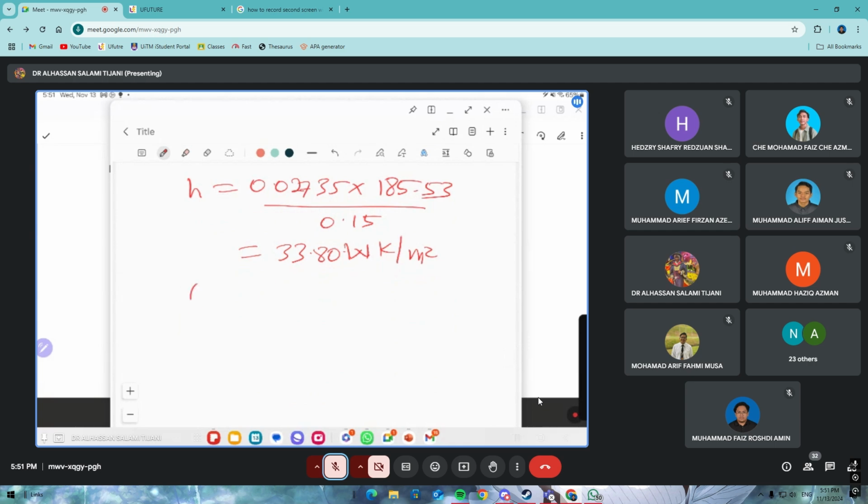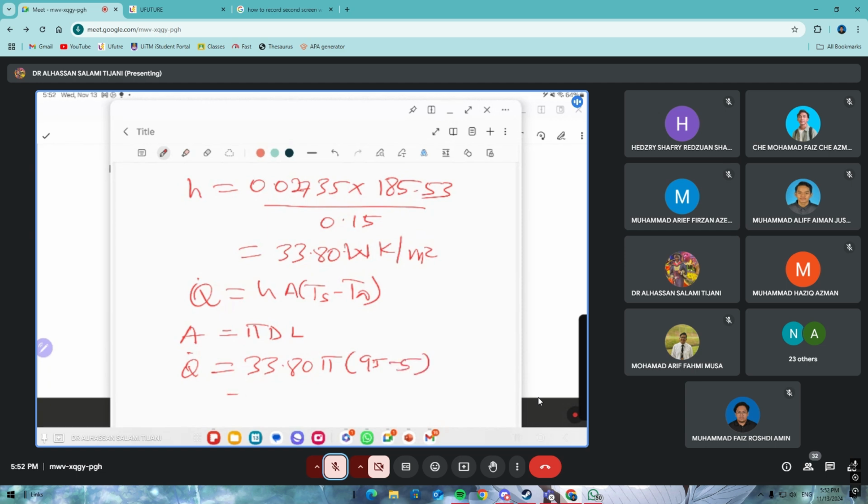So now we need to calculate Q equals hA(Ts minus T infinity). So now the area equals pi DL. Okay. So now we substitute. So Q will be equal to 33.80 times pi times 0.15 times 95 minus 5.